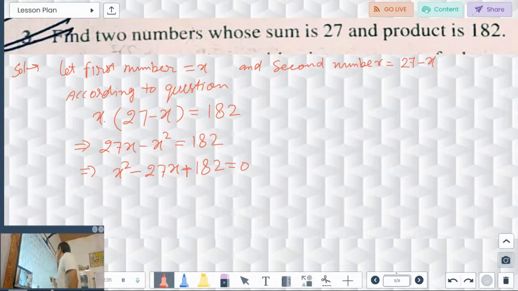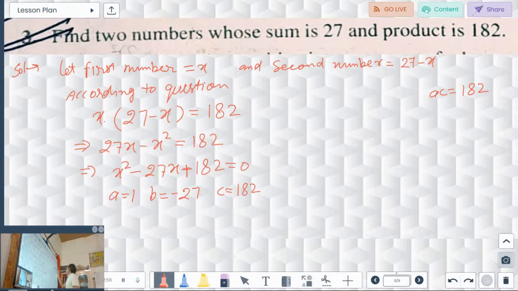Now compare with the standard equation: a equal to 1, b equal to minus 27 and c equal to 182. Then factorization of ac equal to 182.